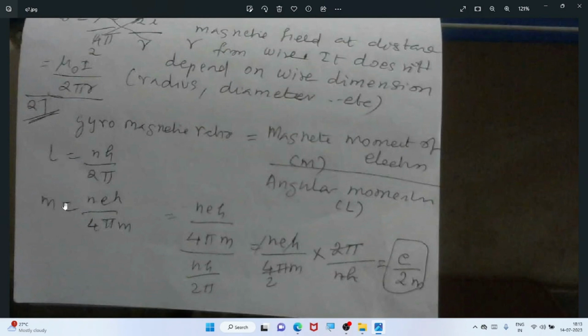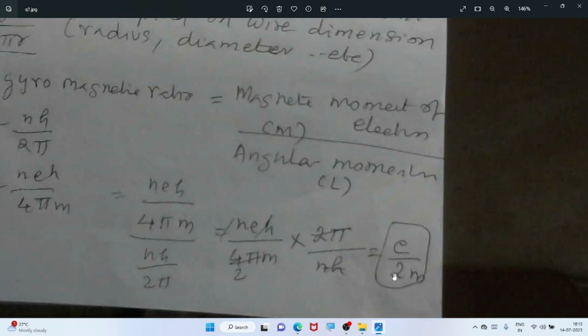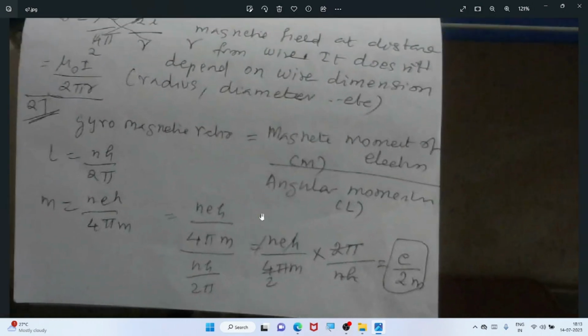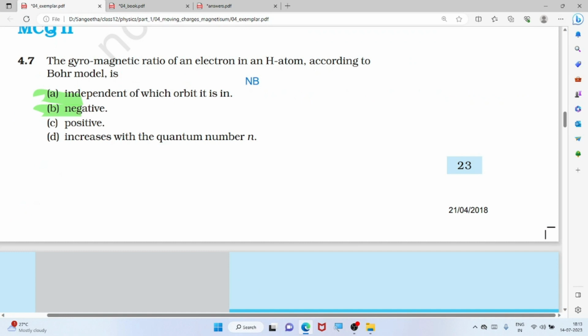After that you will get charge by mass. It is independent of the orbit, because it does not depend on n. It is negative because the charge of the electron is negative.